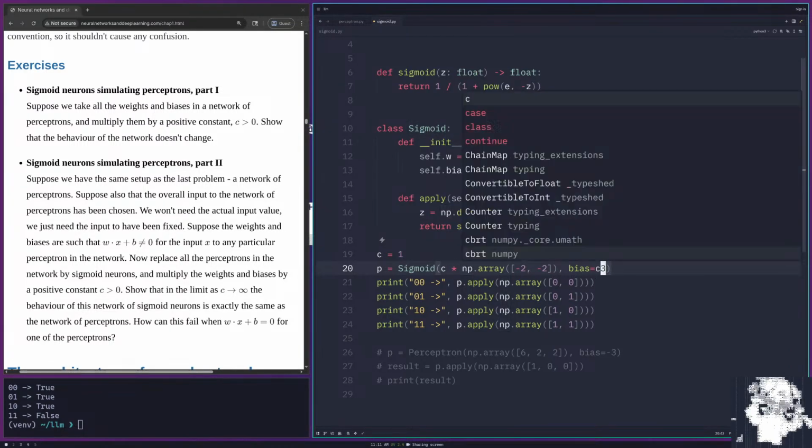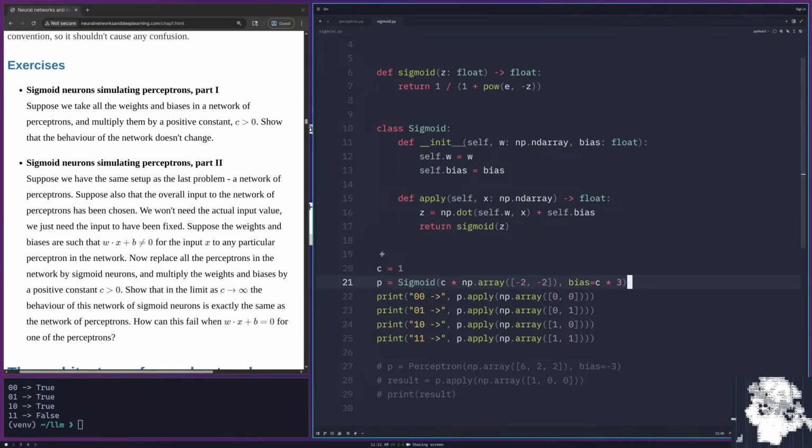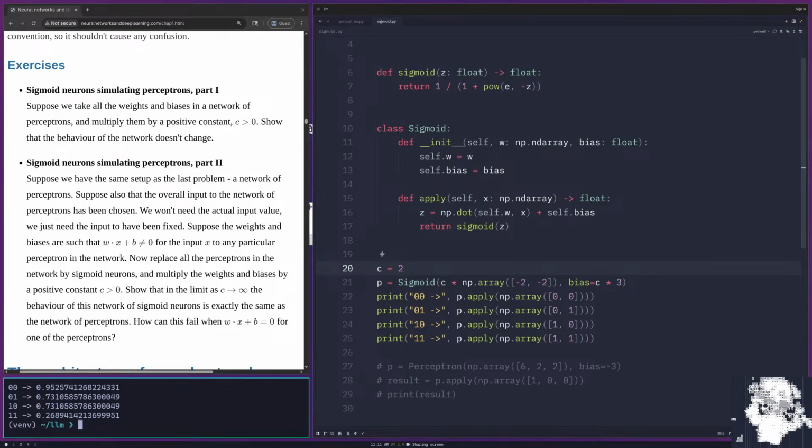Bias times c. Python sigmoid. Now let's ramp up c and see that these things get closer to the perceptron. So 2, 5. We're already almost there. 0.99 for these, 0.00 for these.